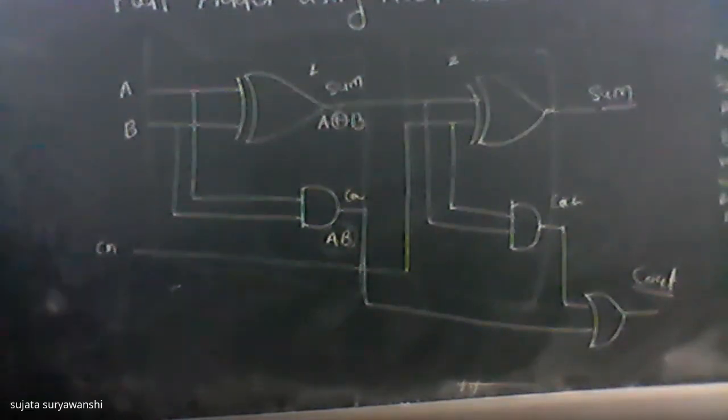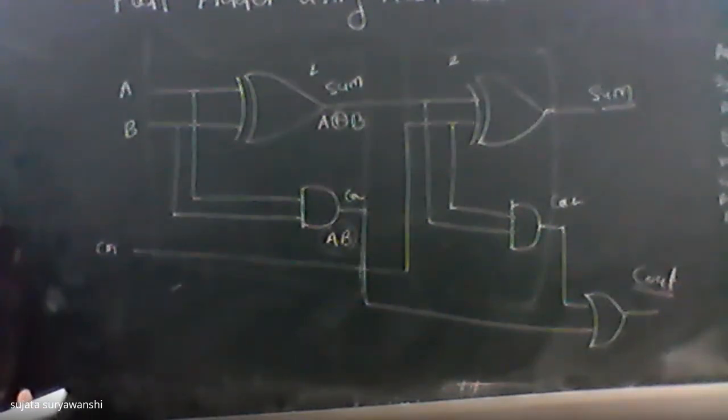In your theory examination, there is always one question on full adder, that is, design full adder. Then how to design a full adder? If you have the problem definition design full adder, then you should know what the inputs and outputs of this combinational circuit are. After this, you have to write down the truth table of full adder, which gives the input and output relationship. Number of inputs is 3 and number of outputs is 2.